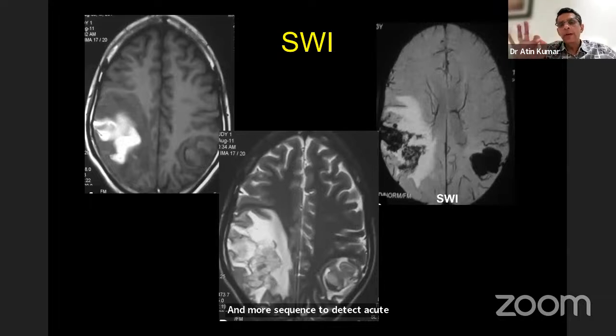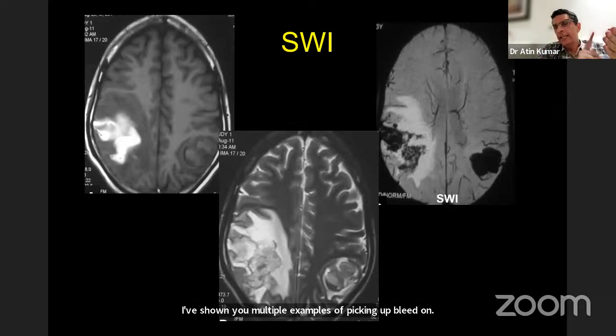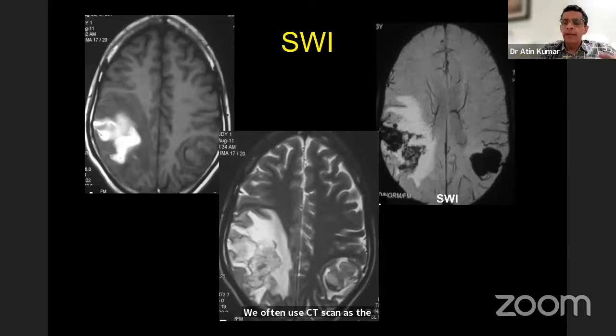Okay, just one more example of a different type of pathology which we see on MR. I've shown you multiple examples of picking up bleed on CT scan. So that was a teaching point that CT scan is a very good modality to detect bleeds. We often use CT scan as the first modality wherever we are suspecting any bleed.